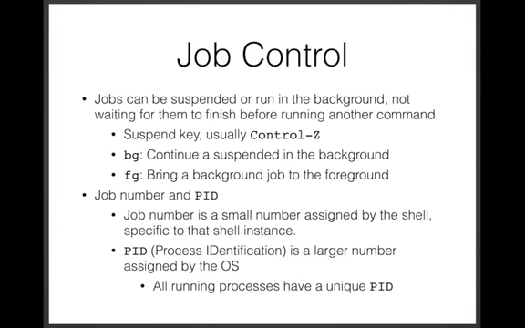If you're running a command and you want to put it in the background, you'd use the suspend key, and by default that's going to be Control-Z. Once it's suspended, you can use the bg command to continue that process running in the background. And then you can use the fg command to bring the backgrounded job back to the foreground and reattach it to your screen, so that its standard output and standard error go to your screen, and it has the standard input from the keyboard again.